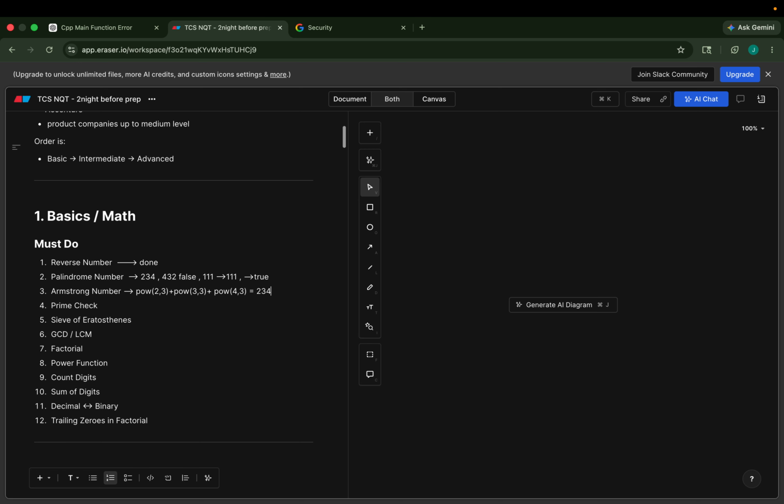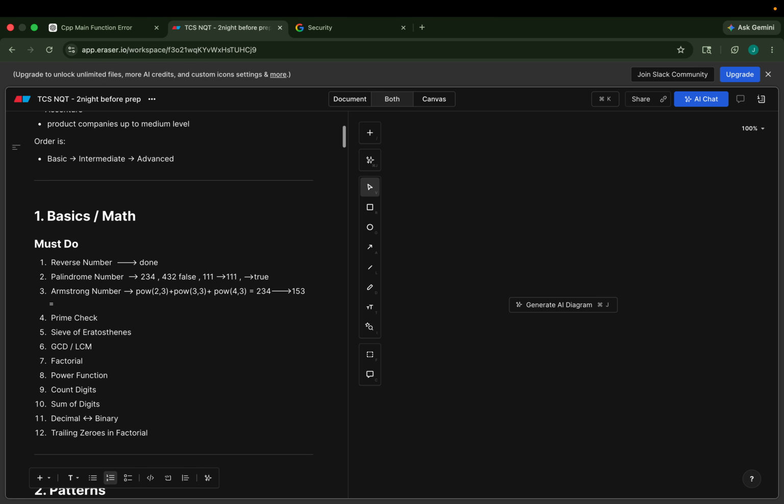Such numbers exist. I guess it was 153, because 1 cube is 1 only, and 5 cube is 125, and 3 cube is 27.